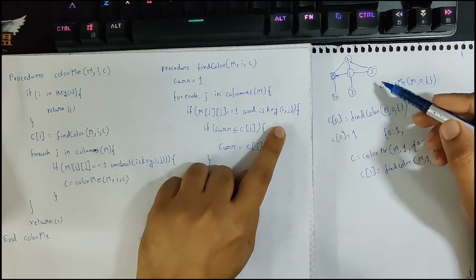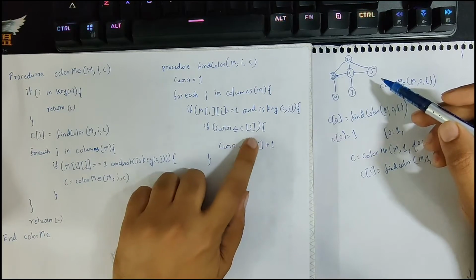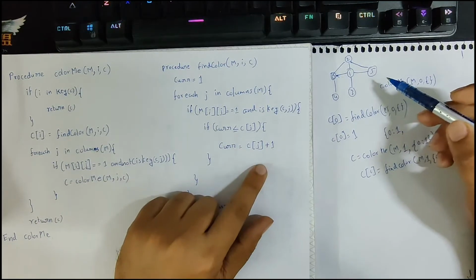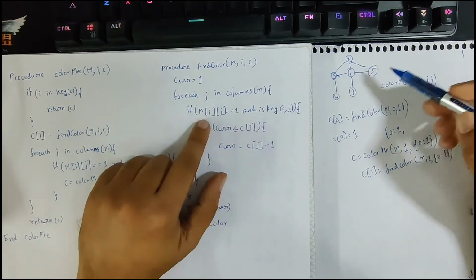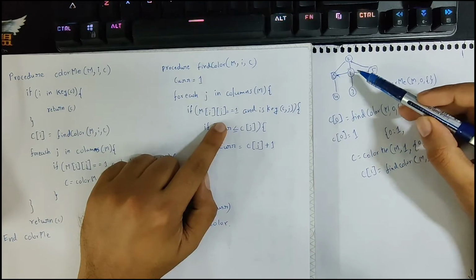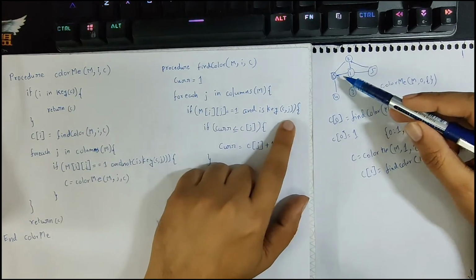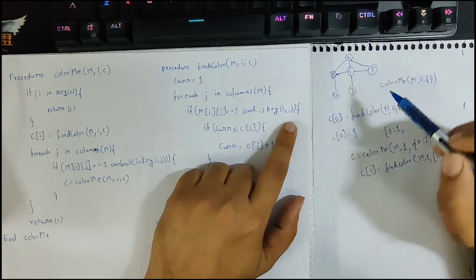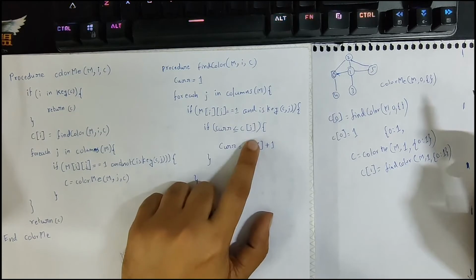So if current is less than or equal to that c of j, current will be updated. So here m of 0, 1, there is an edge, m of 1 comma 0, and this 0 is already a key, and c of 0 is 1, which is less than or equal to current.